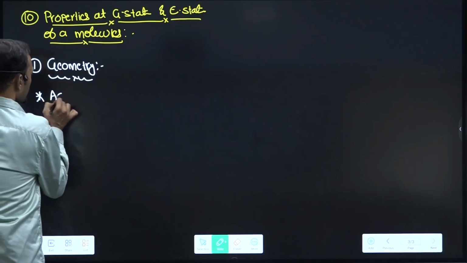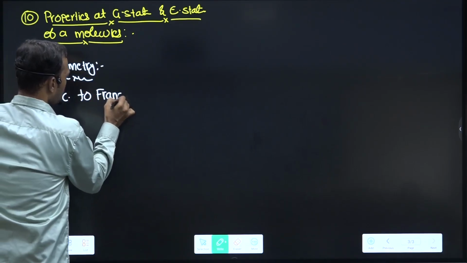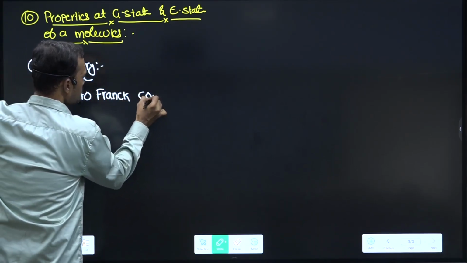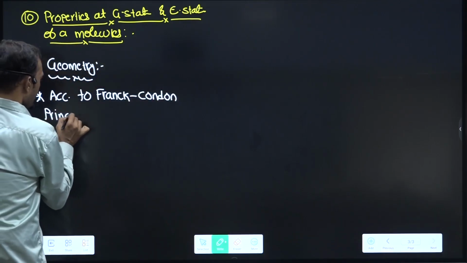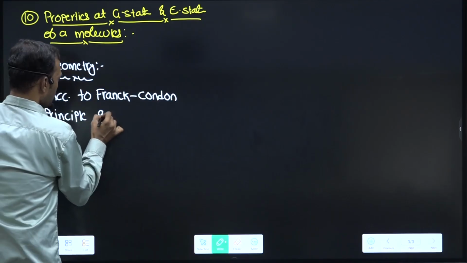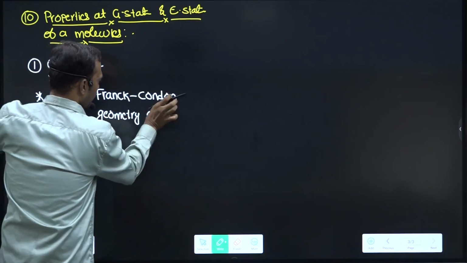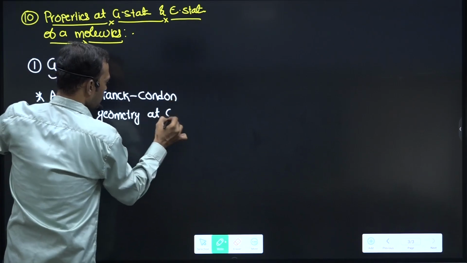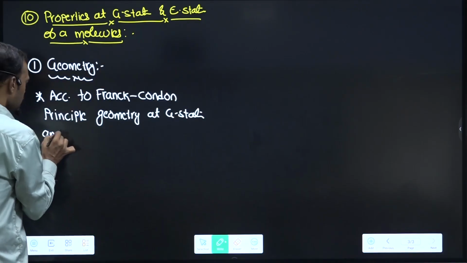So what does the Franck-Condon principle say? According to the Franck-Condon principle, the geometry at ground state and excited state remain the same.